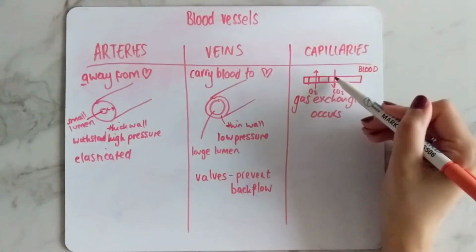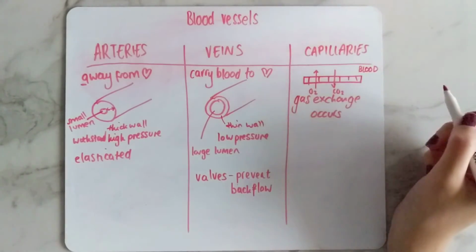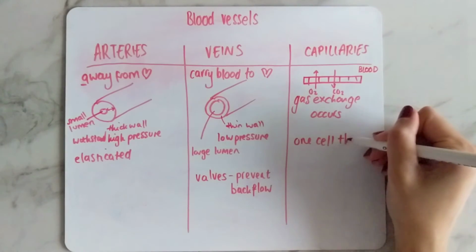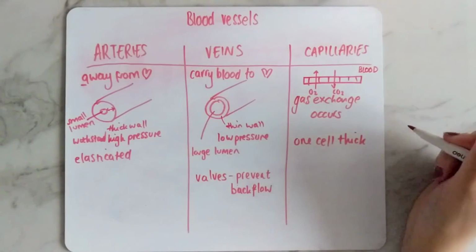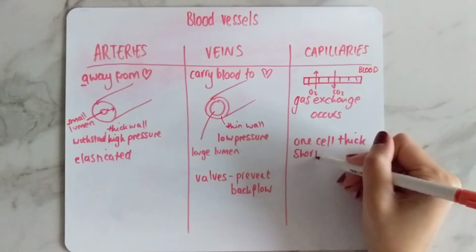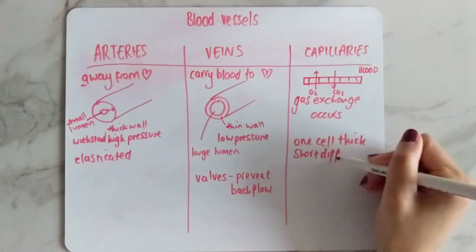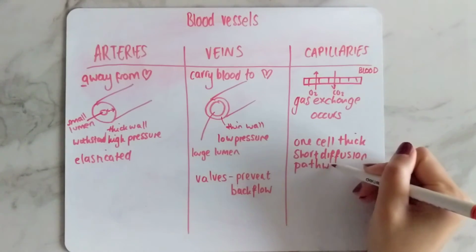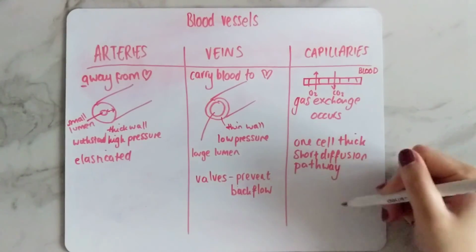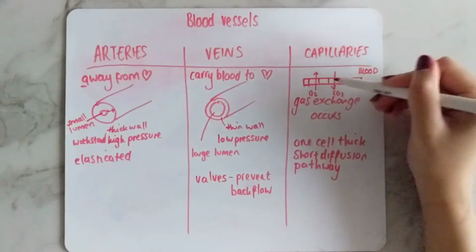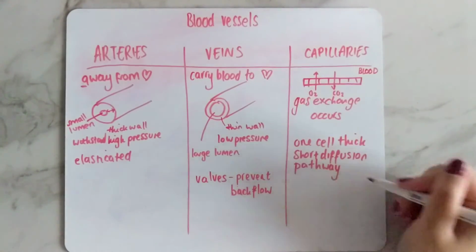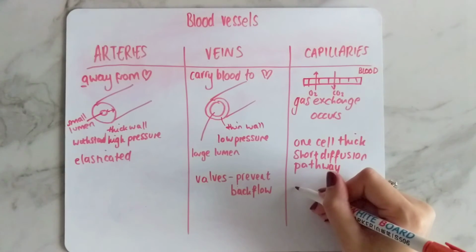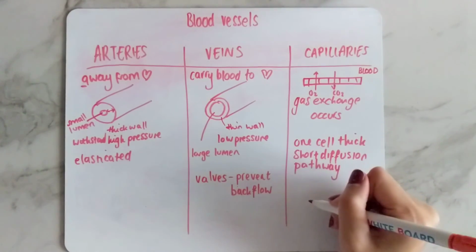This band here is the wall, and the wall is 1 cell thick, basically meaning it's really thin. So 1 cell thick means it's got a short diffusion pathway. So those gases are going to diffuse rapidly because they haven't got far to go. It's only 1 cell thick. So short diffusion pathway. They have a lot of blood present.